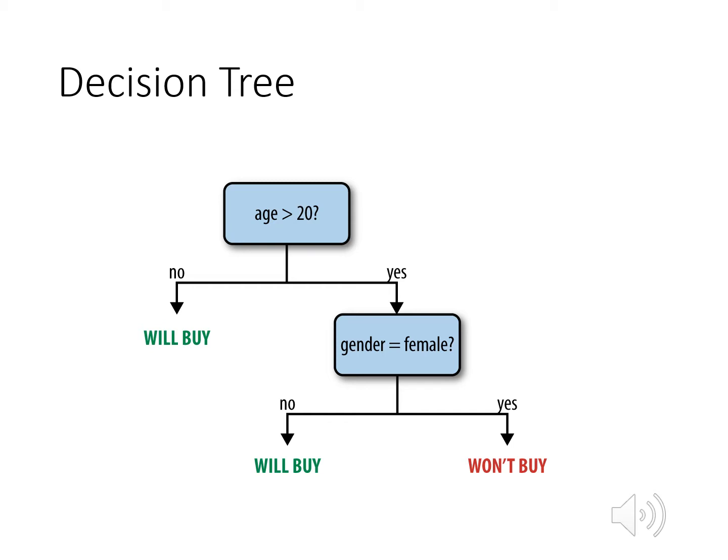So the first feature is to look at the age. If the age is greater than 20, then look at the gender. If the gender is female, then will not buy.